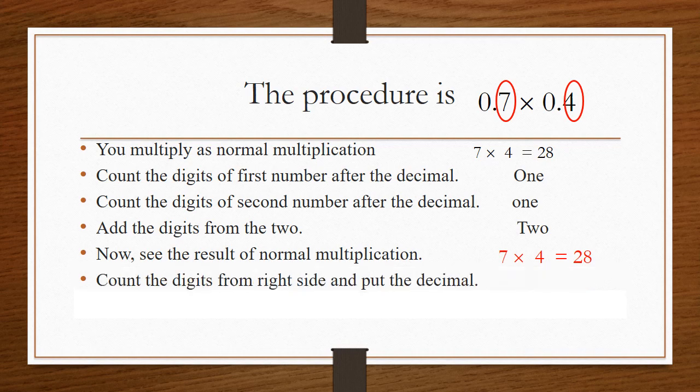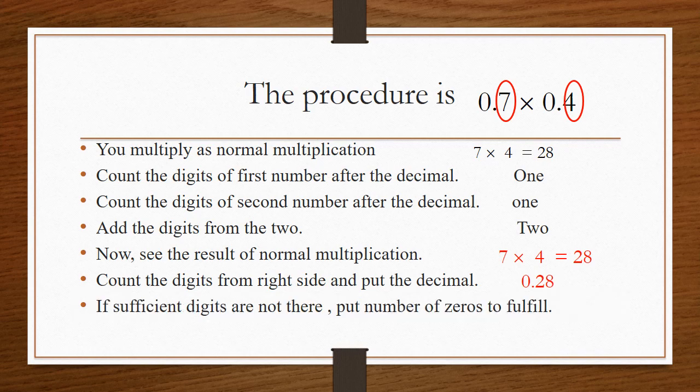So we'll count the digits from the right side and put the decimal. So there was 2, so we'll count from right 8, 2, then we'll put the decimal. So it will be 0.28. I hope you got it. Now if sufficient digits are not there, put the number of zeros to fulfill.